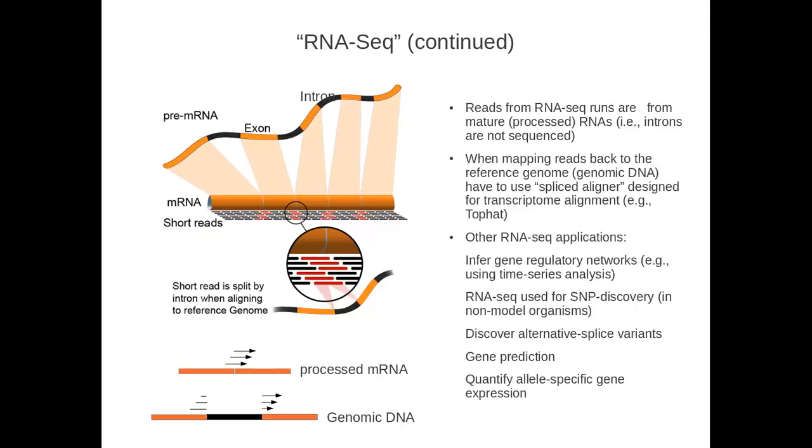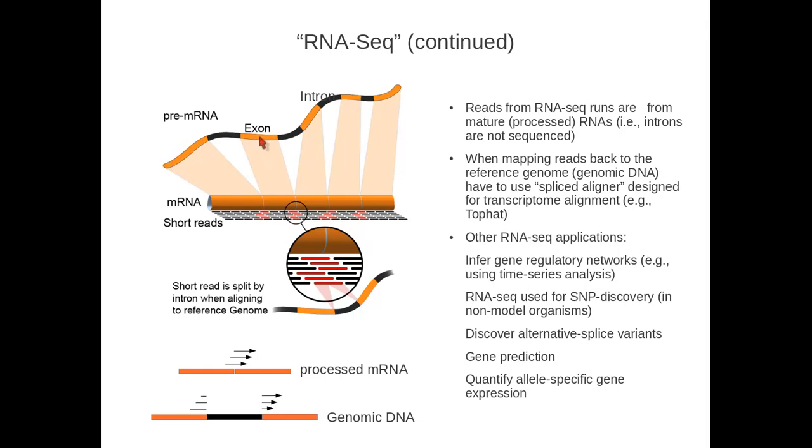So a couple of things about RNA-seq that I think you need to be aware of. One is that we're sequencing what are called mature transcripts. So these are processed RNAs. Here I'm showing you a transcript as it would appear immediately after transcription. The exons are in orange.